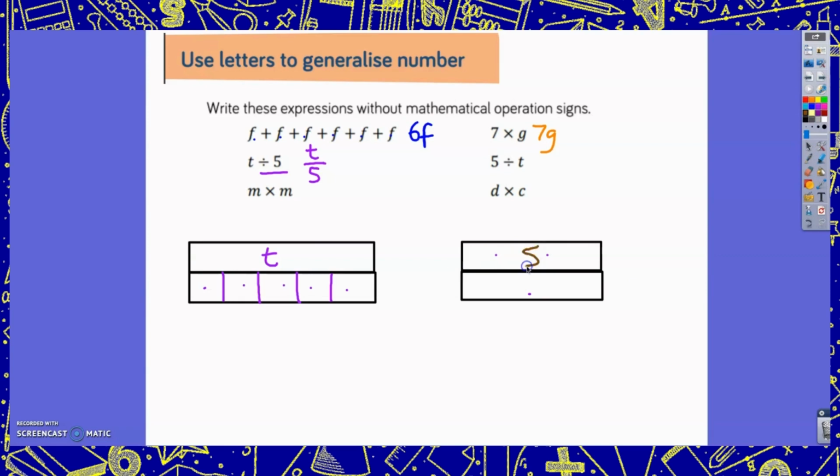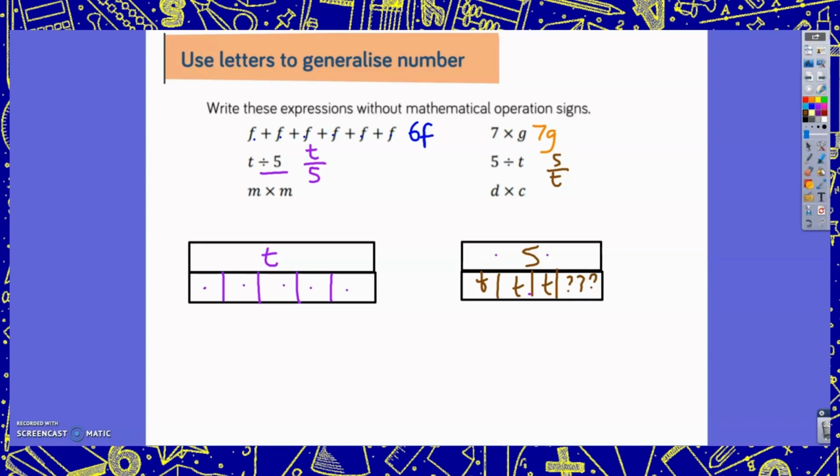So I'm getting my 5 and I'm splitting them into t parts. I don't know how many t is going to be. I'm just hypothesizing here. So to write that, I would take my whole, which would be my numerator, and I'd be dividing it by t, my denominator, into t equal parts.